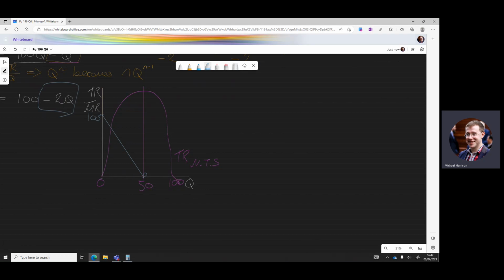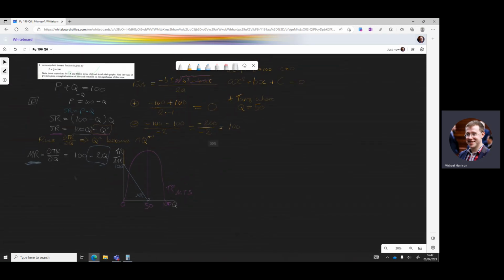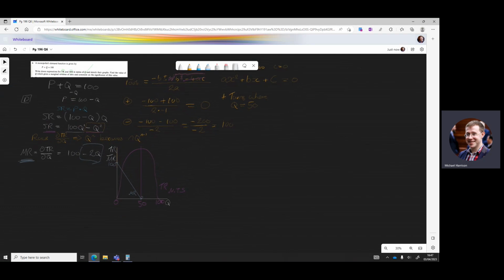Take the ruler off, and that blue will be marginal revenue. So let's zoom out and see where we are in terms of answering the question. That's a nice place to leave it.